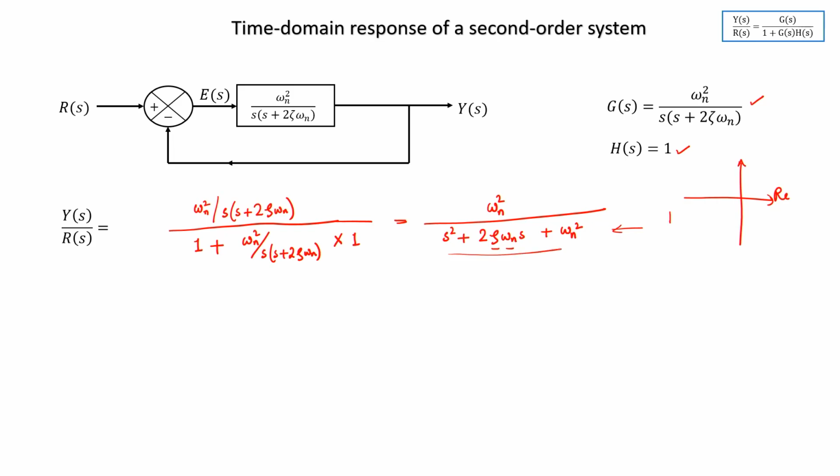So this is a polynomial with real coefficients. For any polynomial with real coefficients, if one of the roots is complex, the other root has to be its complex conjugate. Okay. So in this case also, since the denominator here is a second order polynomial in S with real coefficients, the roots will be on the complex plane, complex conjugates of each other.